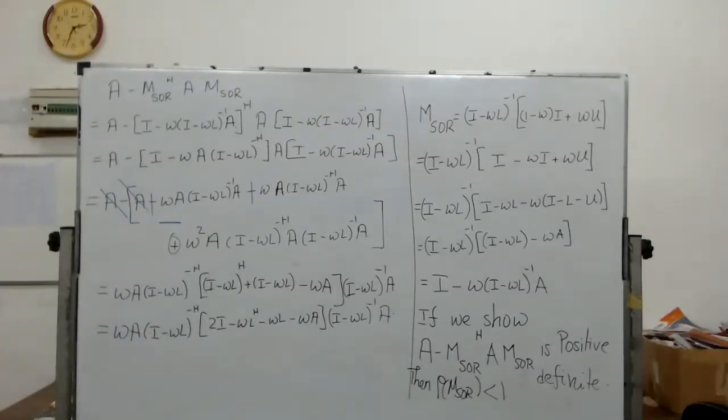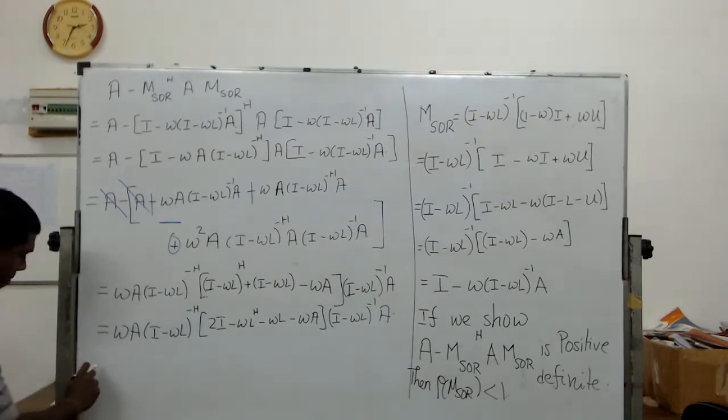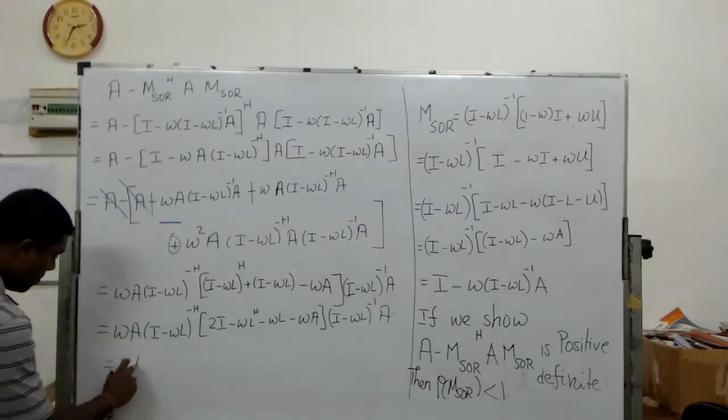So now you can combine this, right? So you know I minus omega, right? So when you factor out L and L Hermitian, you can see that L plus L Hermitian is U, right? So let me write it down here.